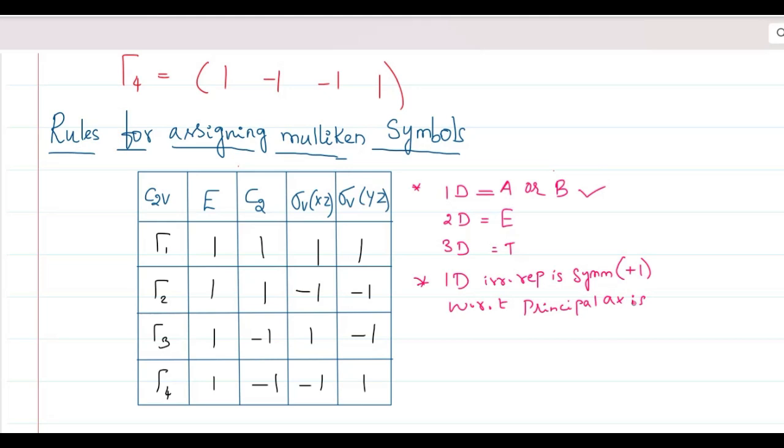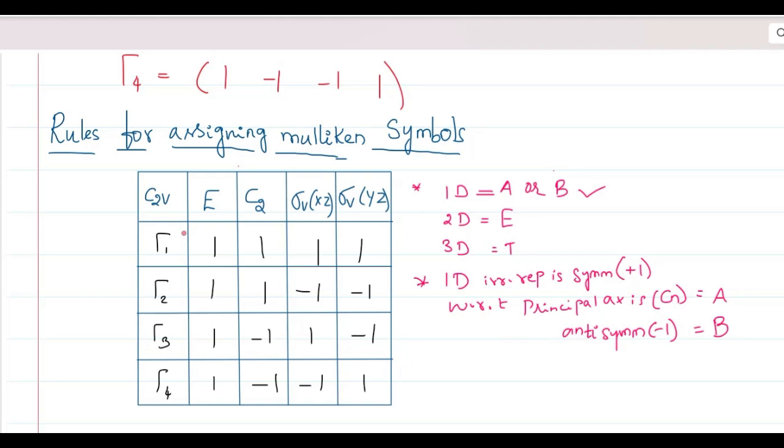If it is symmetric with respect to the principal axis, that is Cn, then it is assigned A. And if it is antisymmetric, that is minus 1, then it is assigned the symbol B. So this is how it is done.